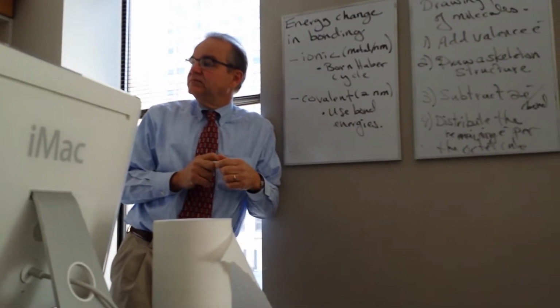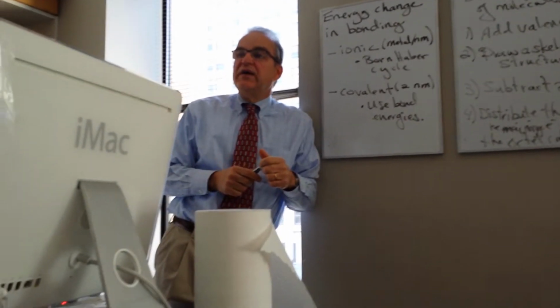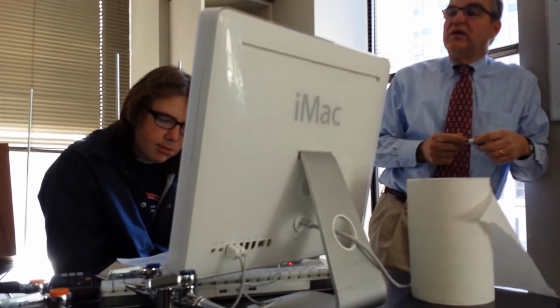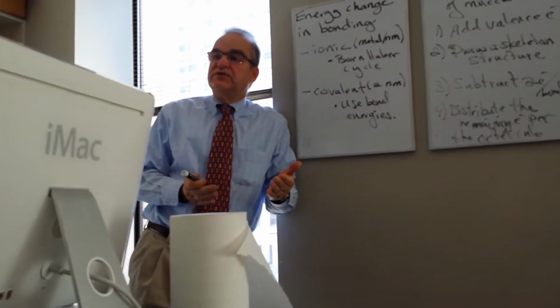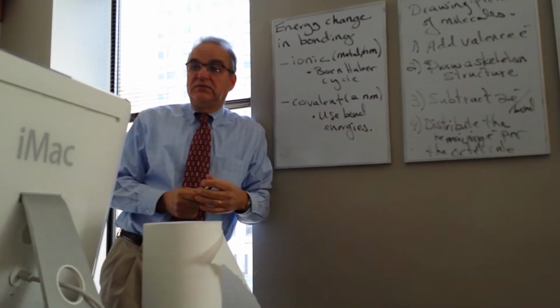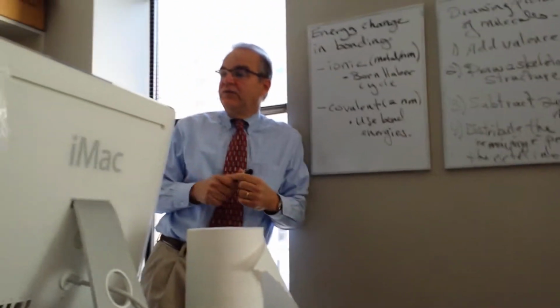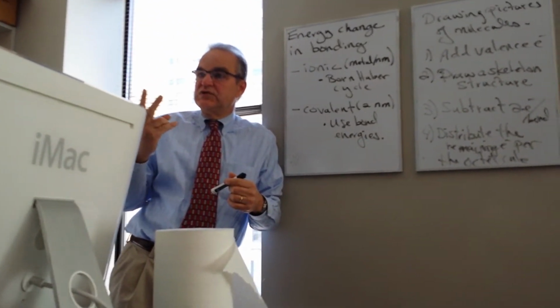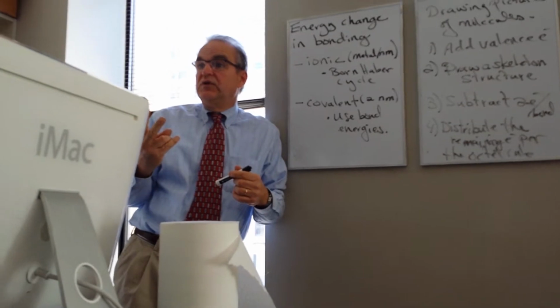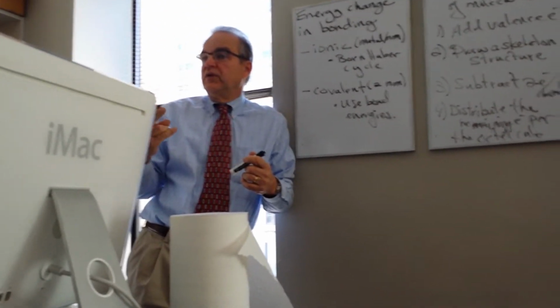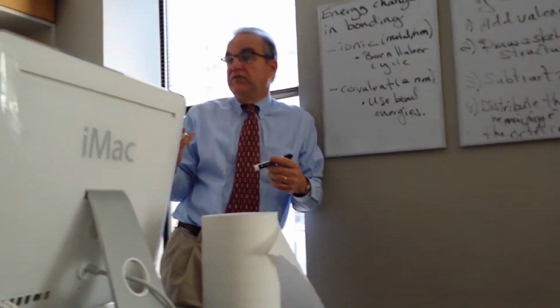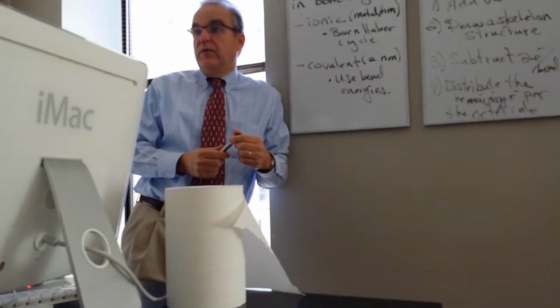Octet. 8. So you'd have 8 around everything. And what would be an exception to the octet rule would be hydrogen. So hydrogen doesn't get 8. Why not? Because its first energy level only holds 2. So for hydrogen, it's full with 2. But everything else that we'll work with, at least almost everything else we work with, will be full with 8. So things will want to have 8 around them.